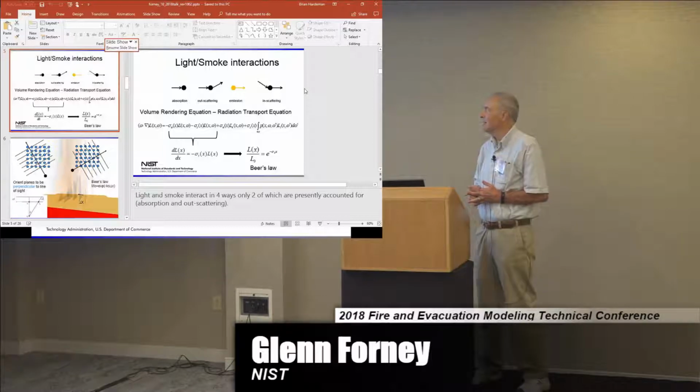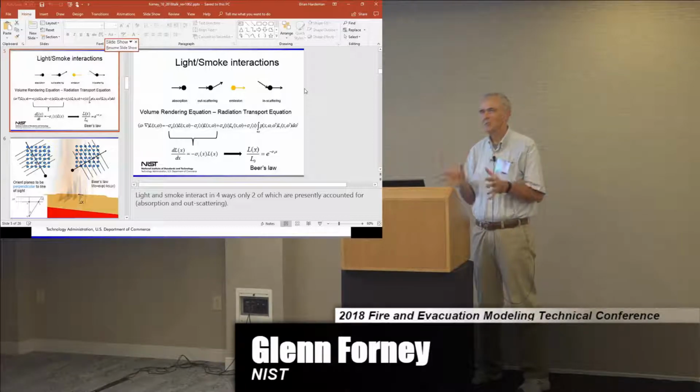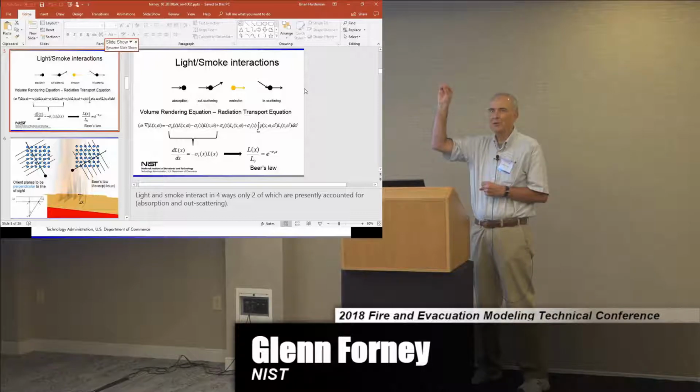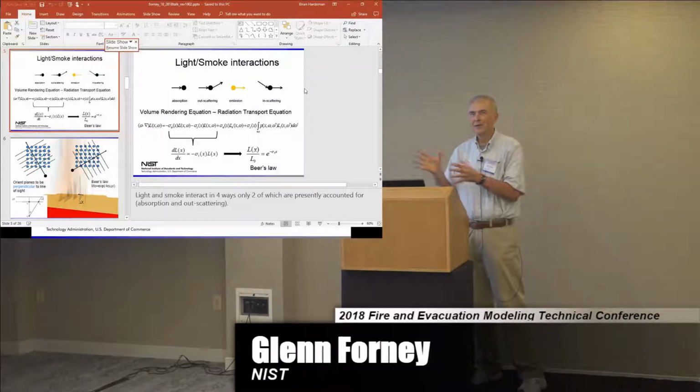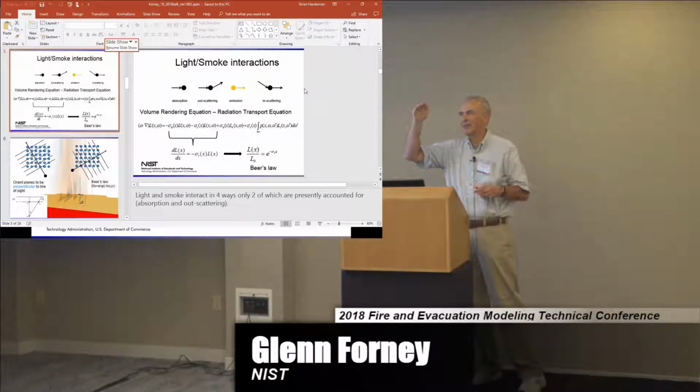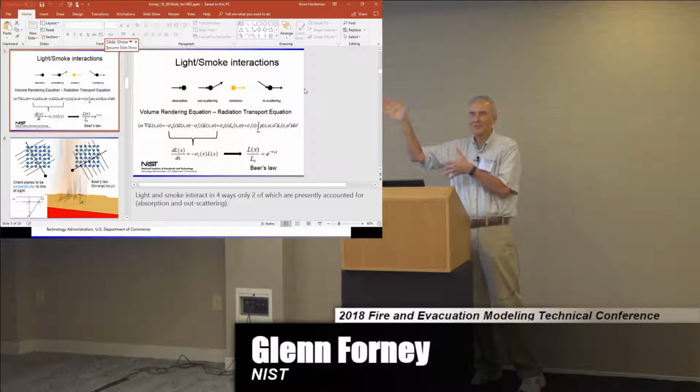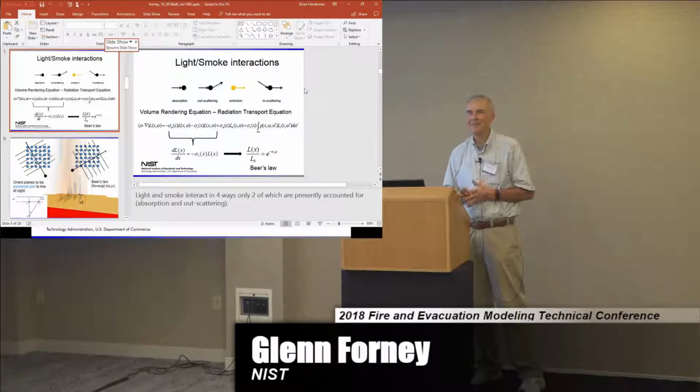Single scattering means you only consider one interaction, because most of the smoke we deal with has low albedo, which means the probability that a photon is absorbed by the smoke is very high. If there's a 90% chance that the smoke absorbs it in one interaction, in two interactions it's almost certain. So you can, I'm sorry, go ahead.